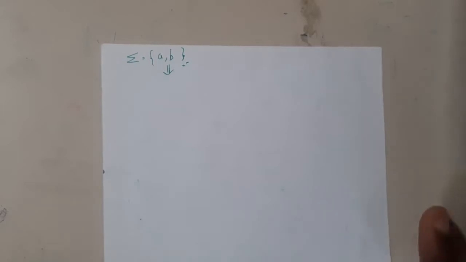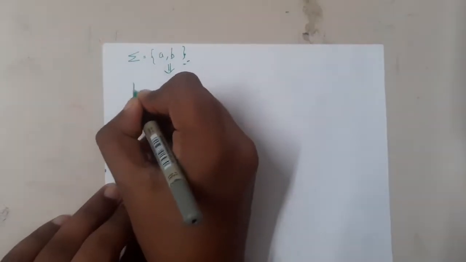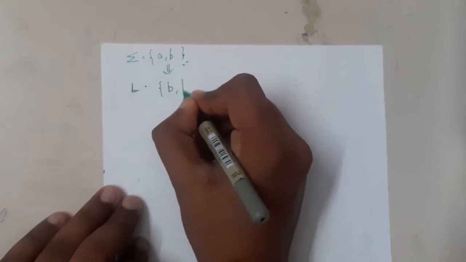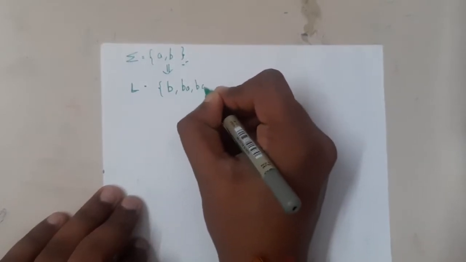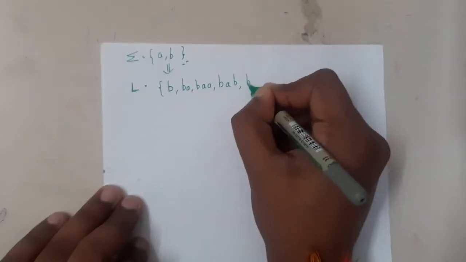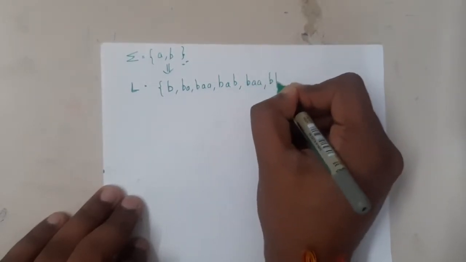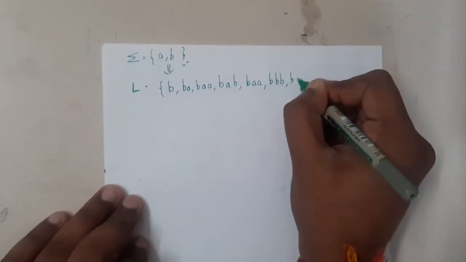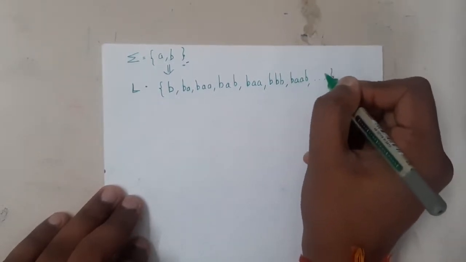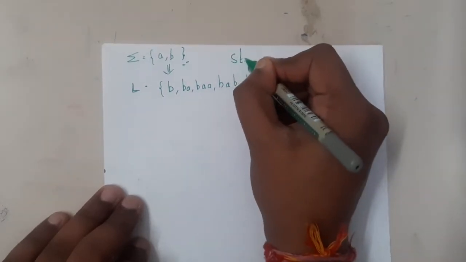There could be various combinations of strings with respect to a b, but our goal language is in this way. It might be a single b, it might be ba, it might be baa, it might be bab, it might be bbb. So in that way, the only restriction I am saying is starting with b, guys.